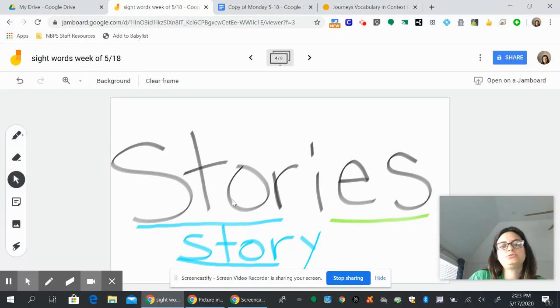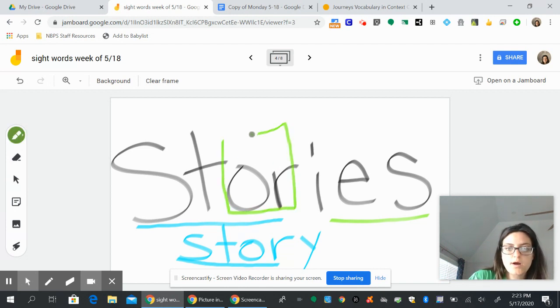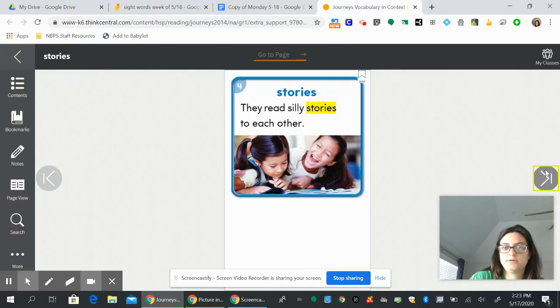There are 1, 2, 3, 4, 5, 6, 7 letters. And there's a word in here that I know. Or. And it has that st, or, and then IES to make stories. They read silly stories to each other.